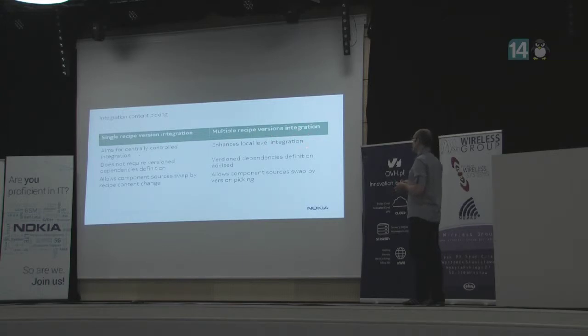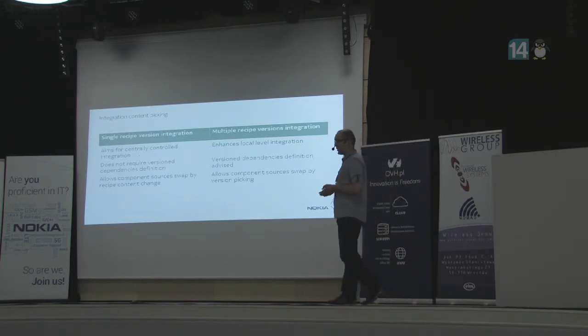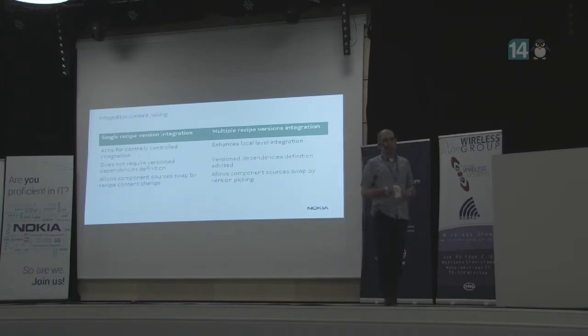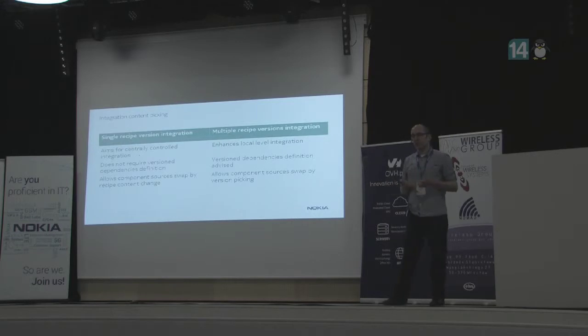This approach, in my personal opinion, really enhances and encourages the components to push into local level integration approaches. So this approach, in my opinion, is much better for big projects, especially projects which have exhaustive and time-taking hardware tests on the integration level.